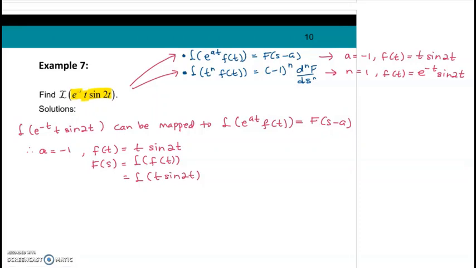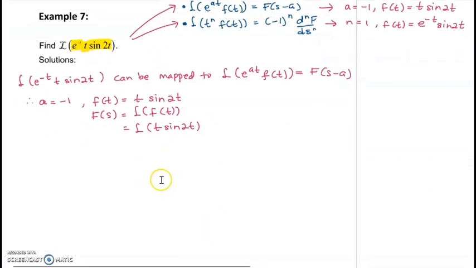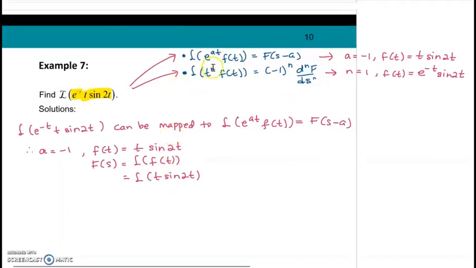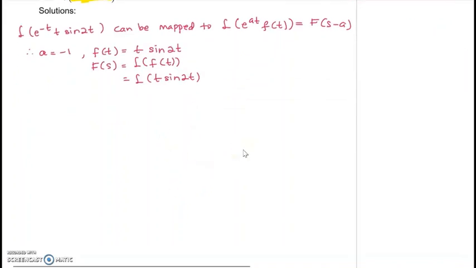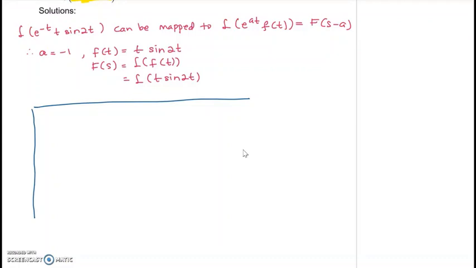Now you can see, to find the Laplace of t sine 2t here, we need to apply this one, because we now have t power of 1 times the f(t), which is sine 2t. So I'm going to put it aside in the box here, so that you know it is a separate thing: the Laplace of t sine 2t.